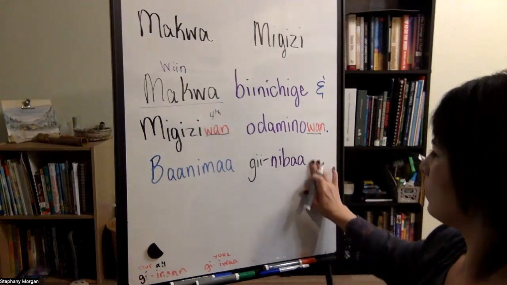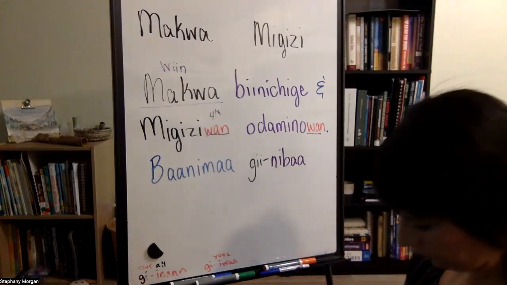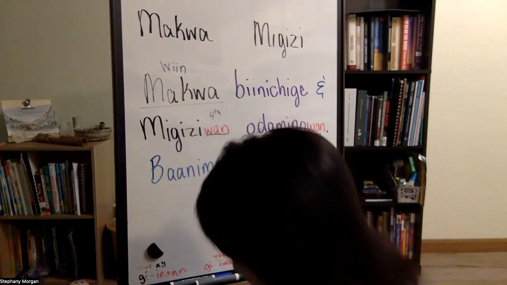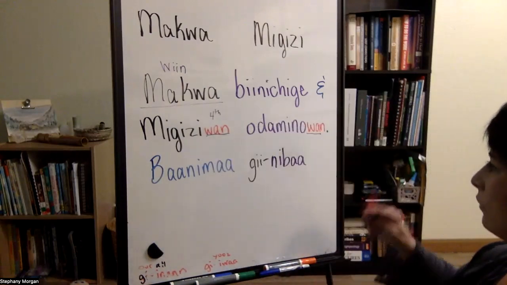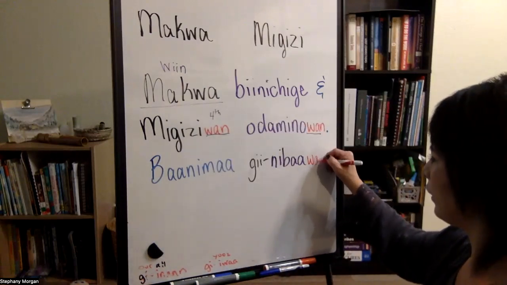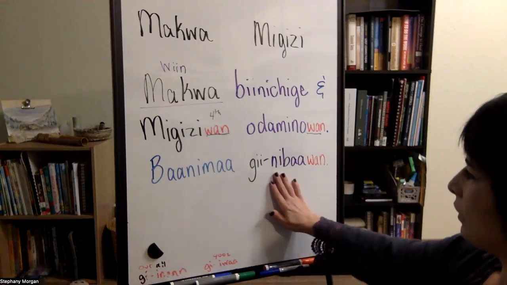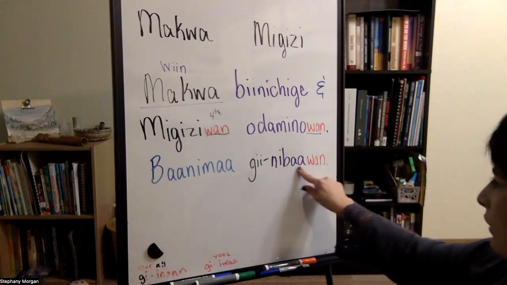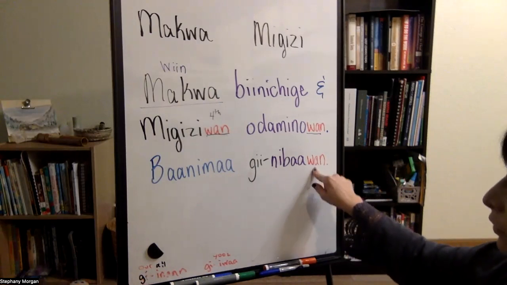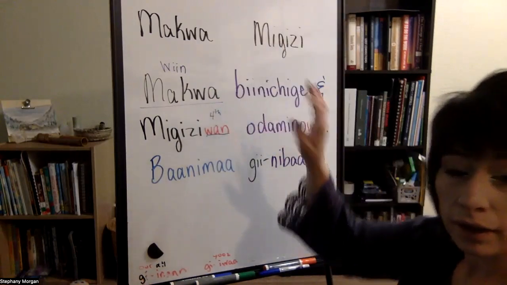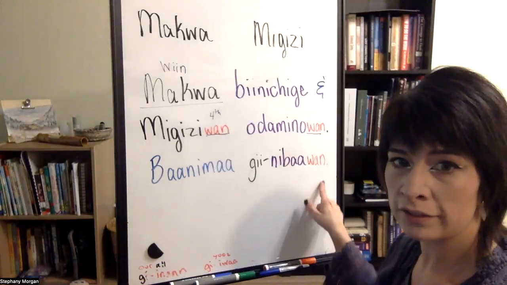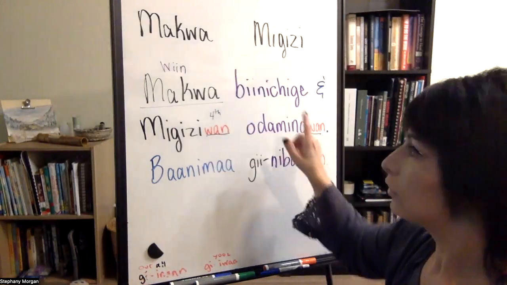If I were talking about Migizi who went to sleep, I would put one on the end. Although there's no name in the sentence, we know this has the fourth person marker on it, so whoever was established as that fourth person is the one now doing this action.